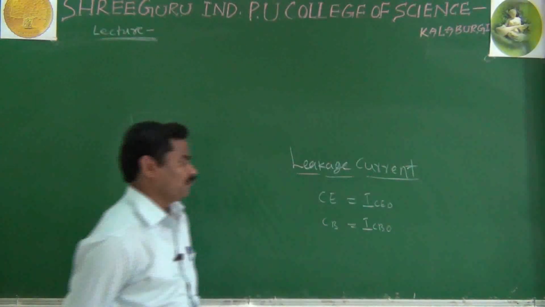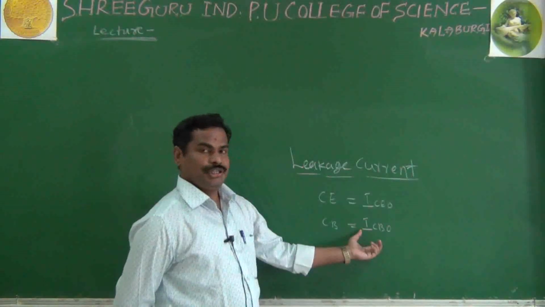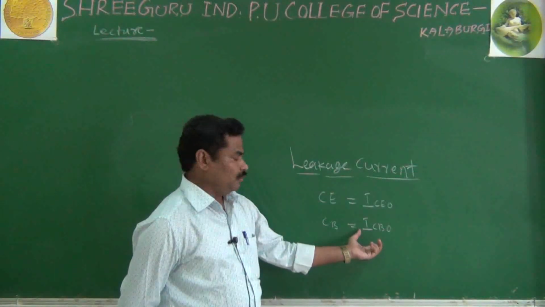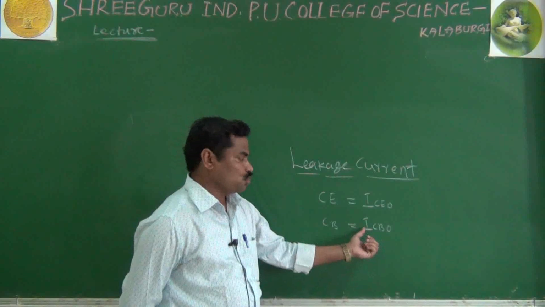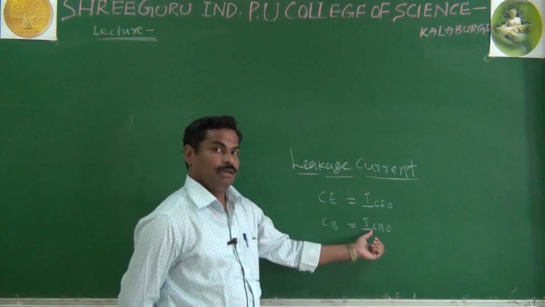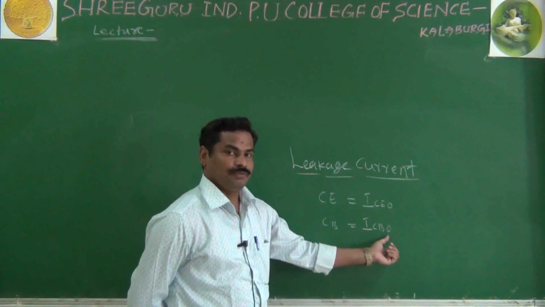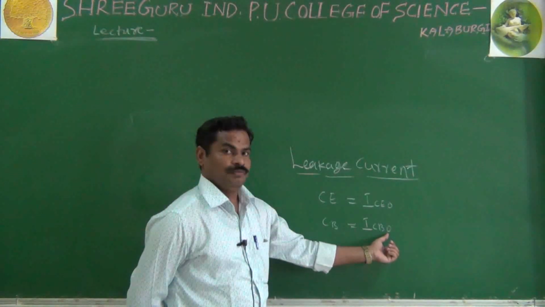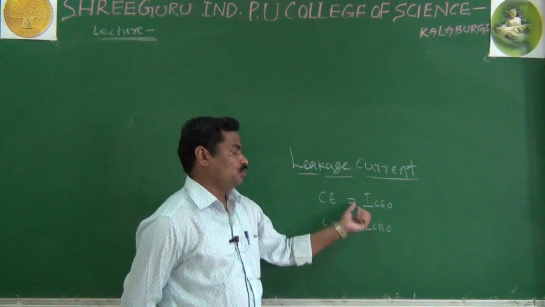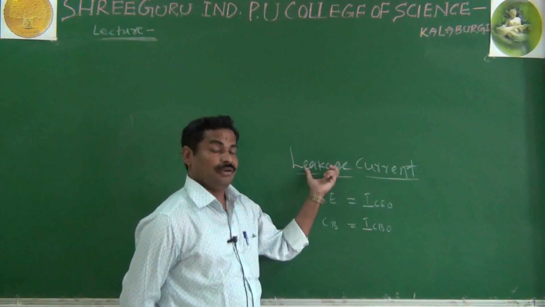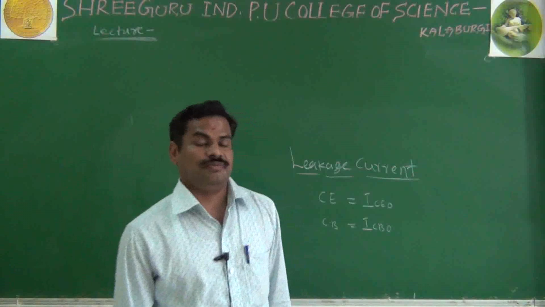In the same way, for ICBO, the current moves from the collector to the base while the emitter is open. These are the two types of leakage current that occur in your transistors.